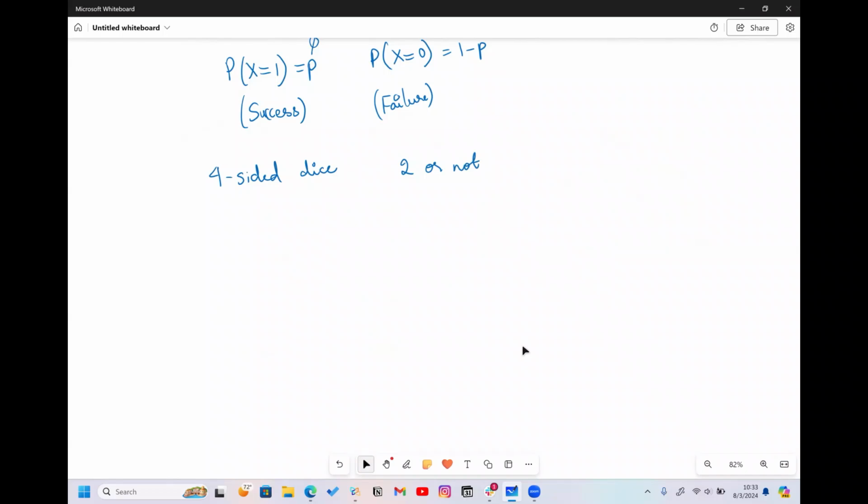Can you tell me what is the probability of landing on 2 when we throw a four-sided die? Like, what is the probability of success here? One by 4. Yeah, 1 by 4. So you get the idea, right?